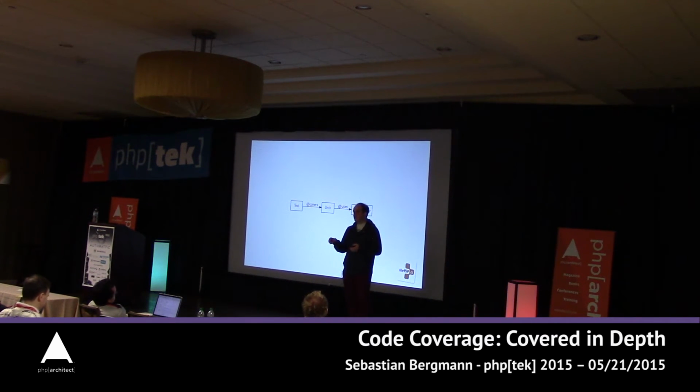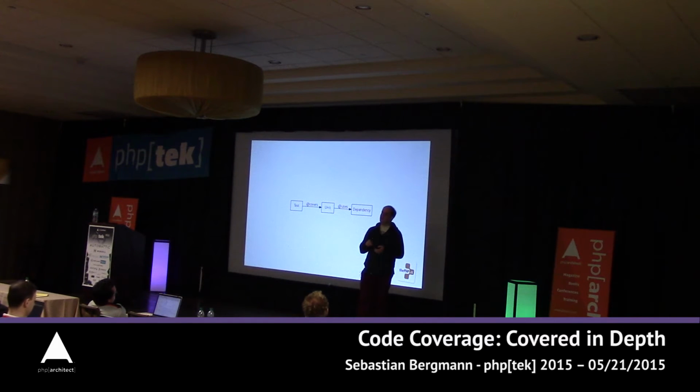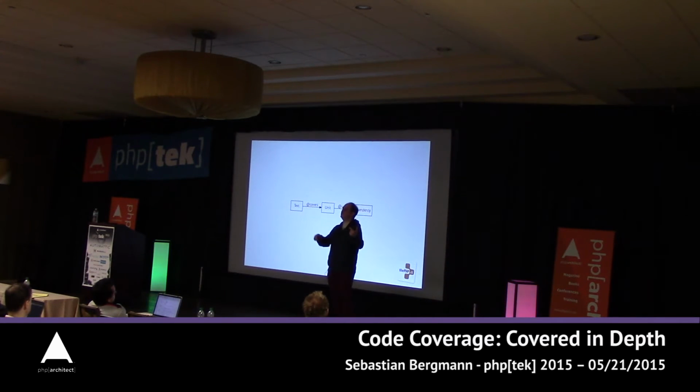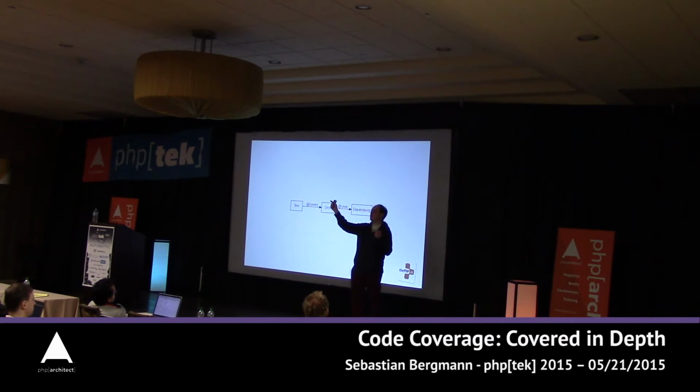And this feature is the kind of stuff that happens when, at least I, am bored on a train or a plane. I think it was a train in this case. I wonder about things like, okay, I have this information with the covers annotation that this test is interested in this unit of code. And using the information from the uses annotation, I know that this unit of code that I'm testing uses this other unit of code to do its job. So can I do something useful with that data?